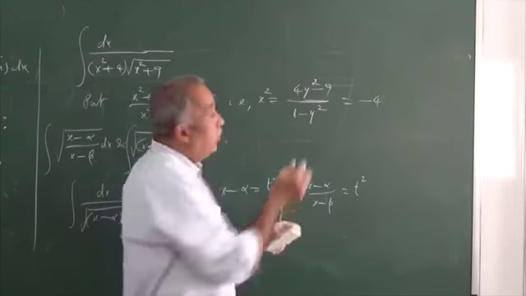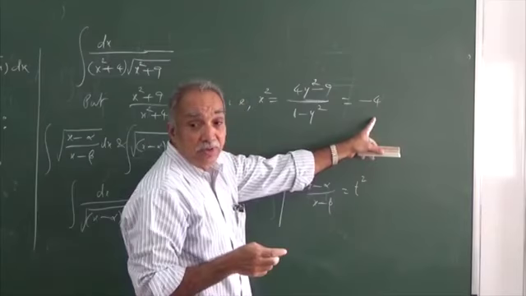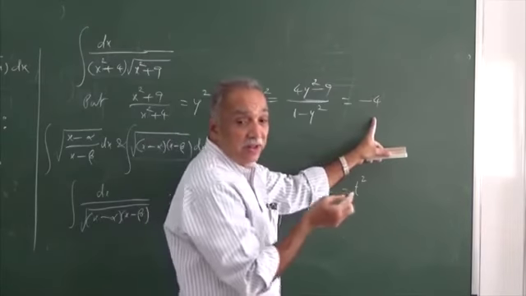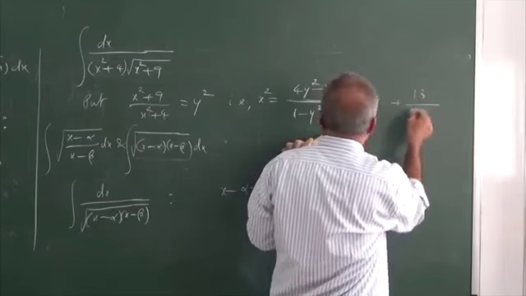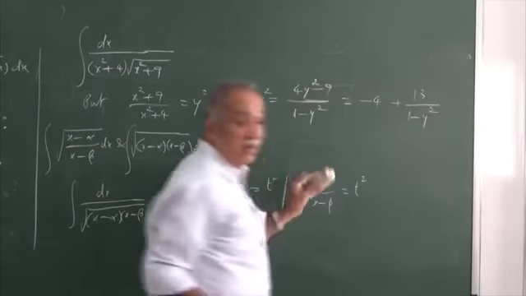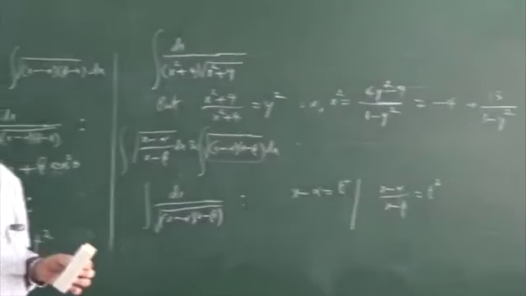Agreeable? 4y square plus 4 divided by 1 minus y square is minus 4. What is the remaining part? Plus 13. Little bit simpler in the evaluation of dx.